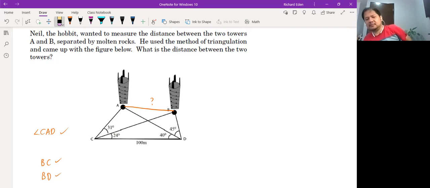There are three triangles: BAD, CAB, and the intersection. So we have A, B, C. We're looking for that.